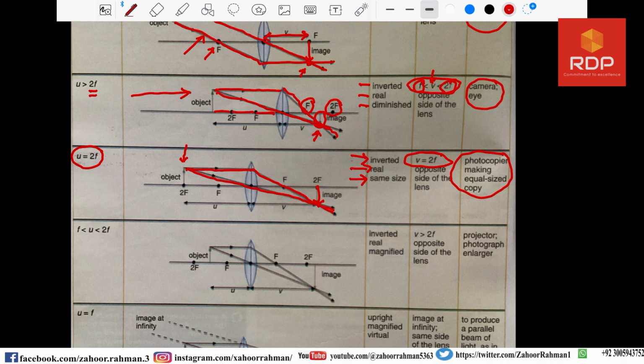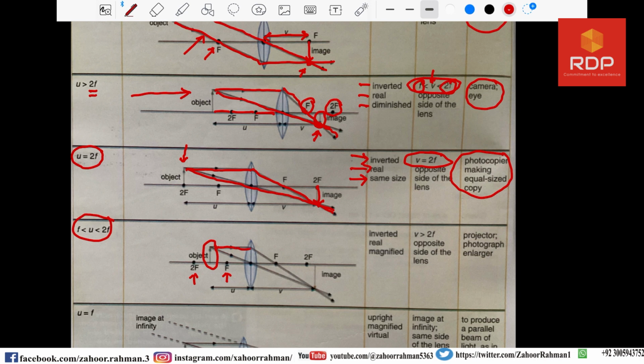Now the next scenario is that the object is between f and 2f. You can see that this is f and this is 2f, and the object is exactly in between these two points. You can put it anywhere between these two points. It is not mandatory to put it at the middle of these two points.